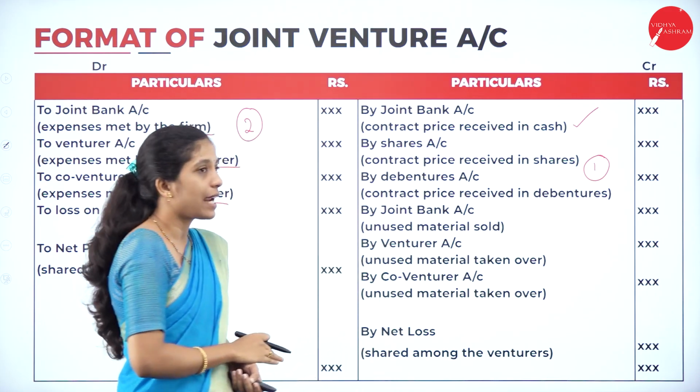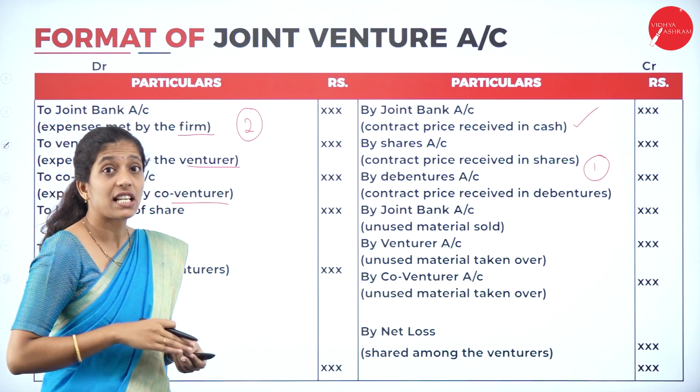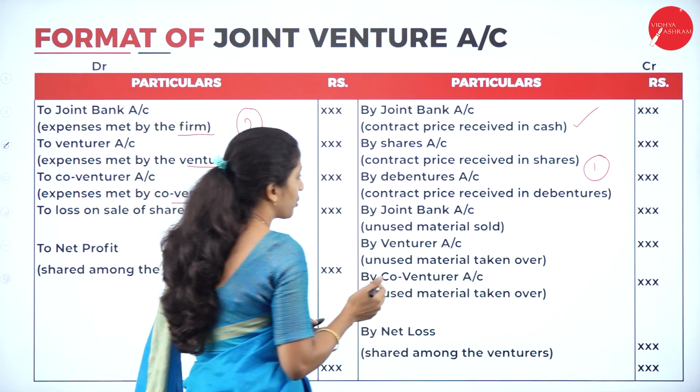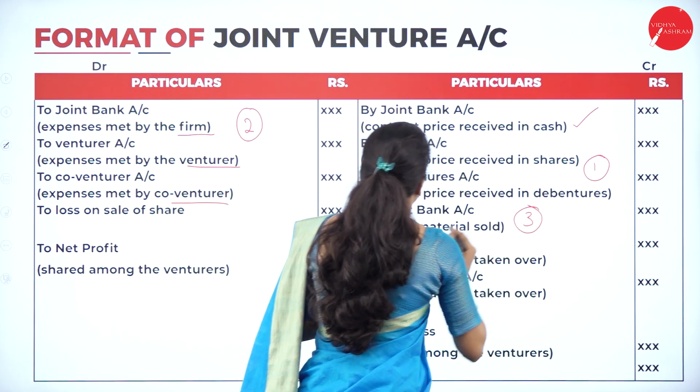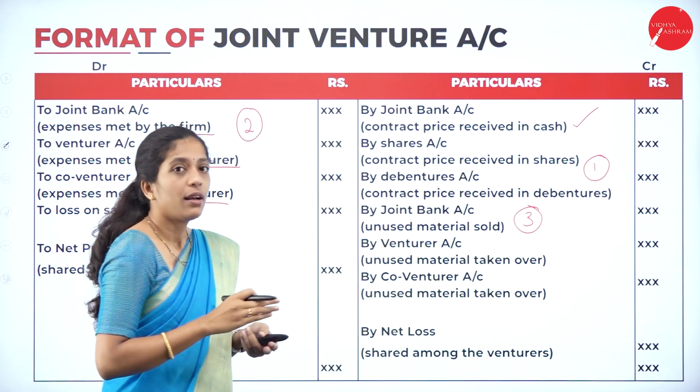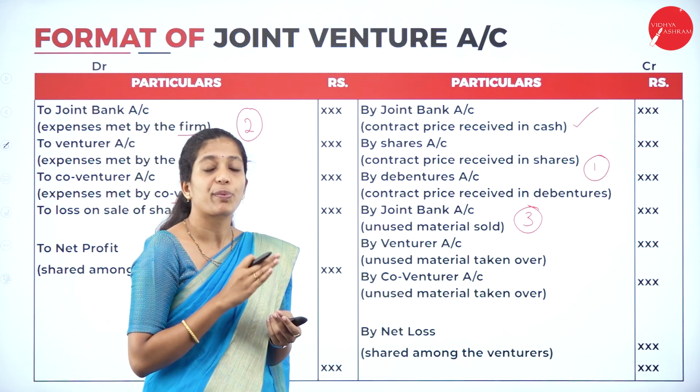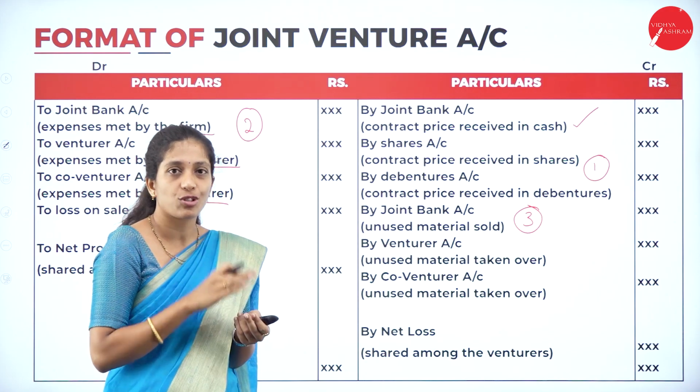Next, if any material or unused material has been sold, for that you have to record the entry, that is by joint bank account, unused material sold. So, we are going to prepare this at the conclusion of the joint venture.